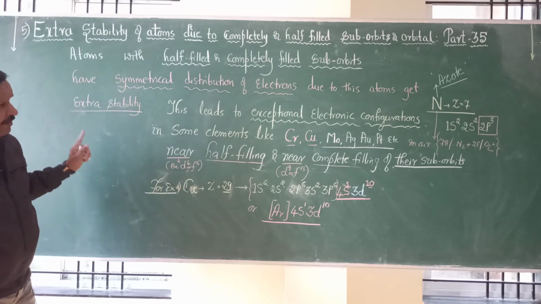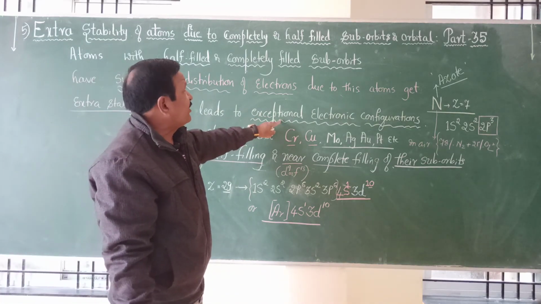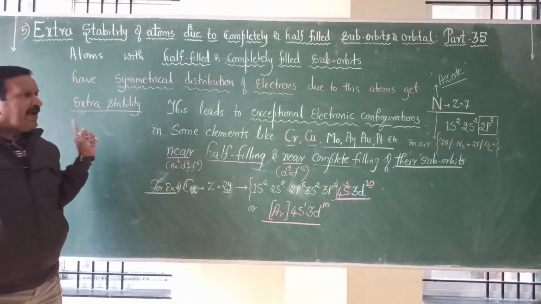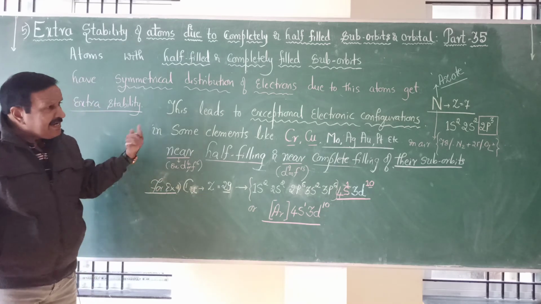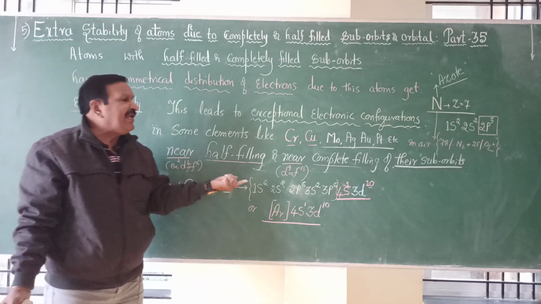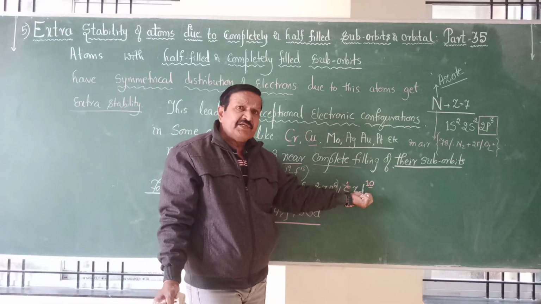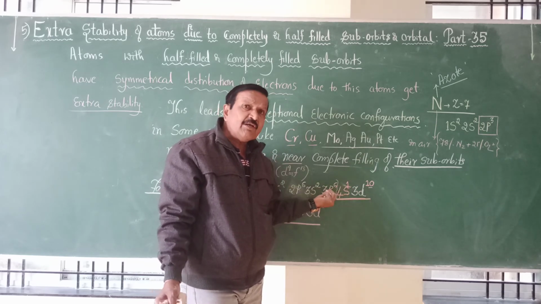And then you have to remember some exceptional electronic configurations because of this extra stability. If atoms or elements come near half filling or near full filling, what will they do? They will take one electron from the earlier orbital and adjust so that the configuration is called exceptional configuration, not as usual.